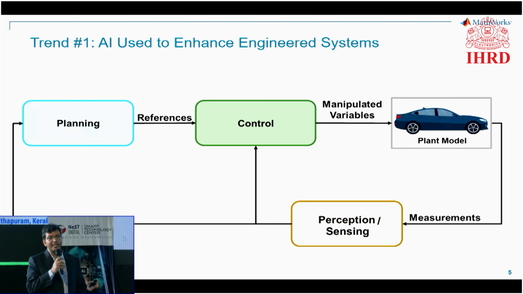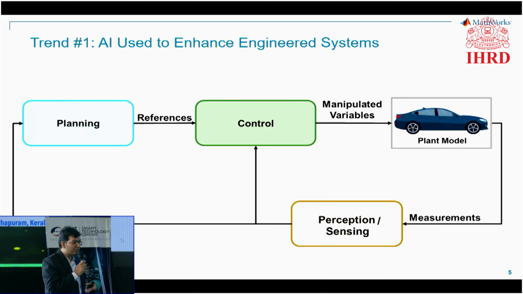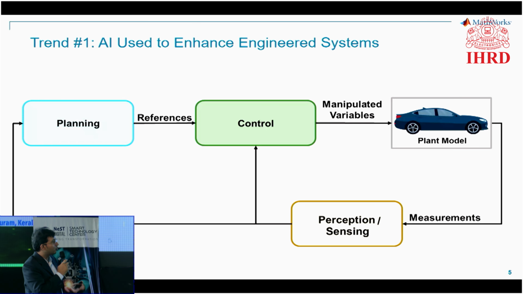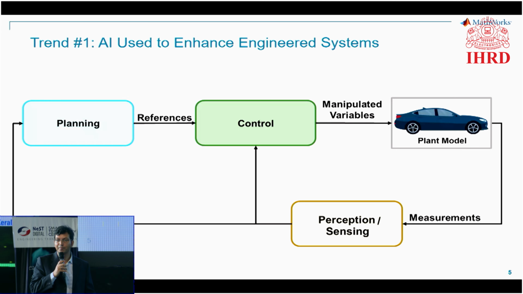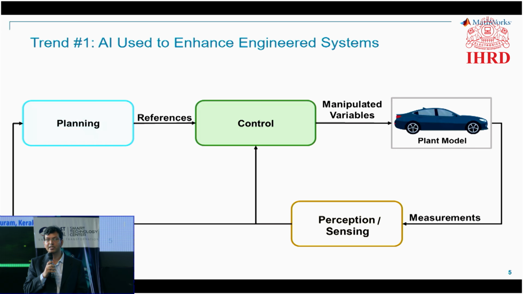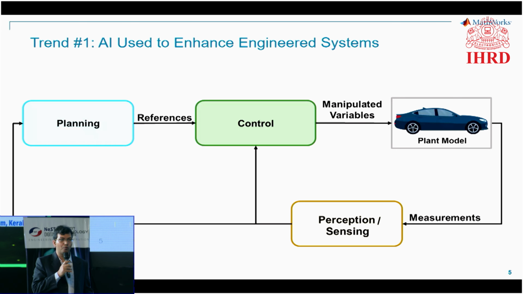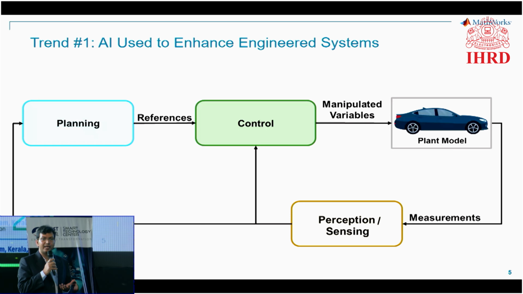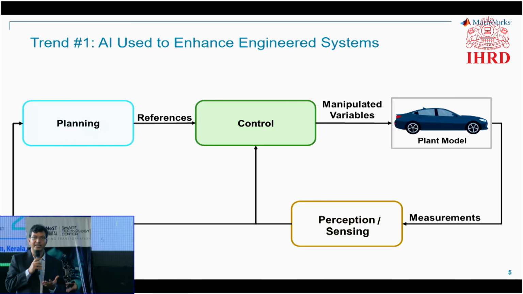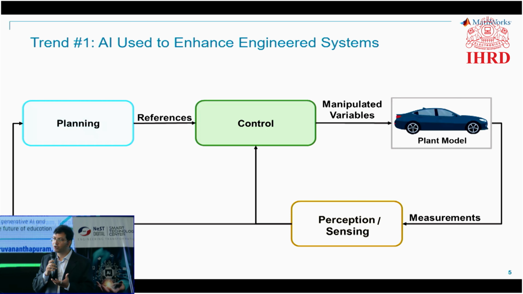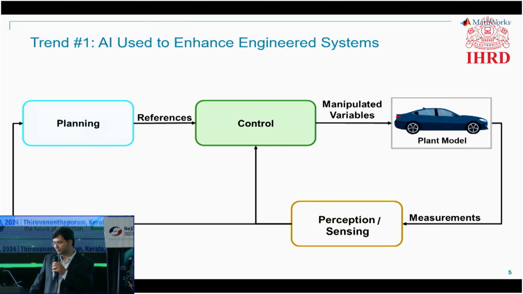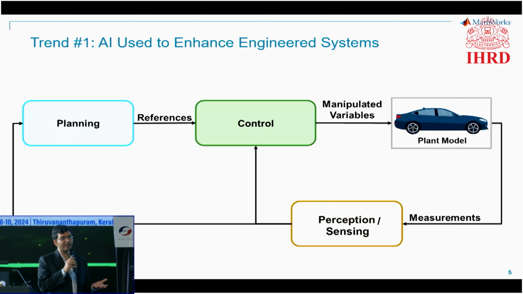So integrating controls with the plant body of the vehicle, once you have done that, then you can also look at things like perception and sensing, which, as it was mentioned, is very important in today's world, that we should be able to perceive where the vehicle is moving about. So when you have a system like this, there are many ways you can actually leverage AI as a part of the engineering system. Okay. So this is a template I will take.